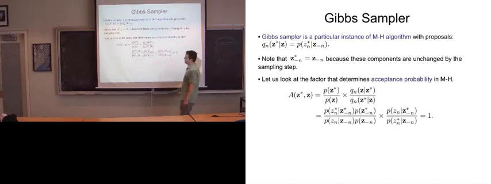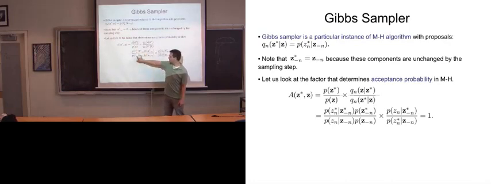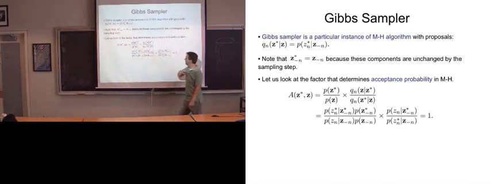Now let's look at this particular formulation. We can decompose it into the conditional times the marginal, conditional times the marginal, right? From that expression here. And what is our proposal? Well, our proposal is nothing more than just proposing the new and proposing the old. That's the definition. These guys cancel out.